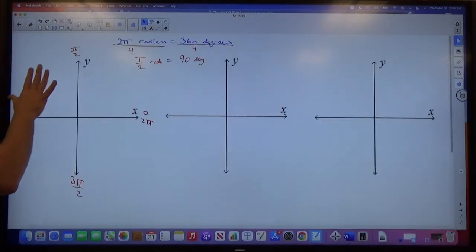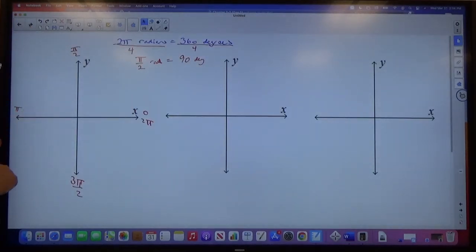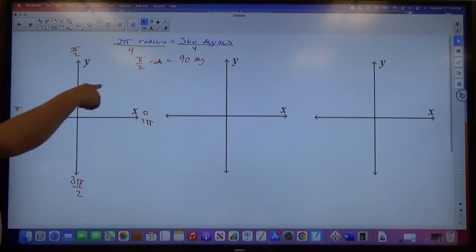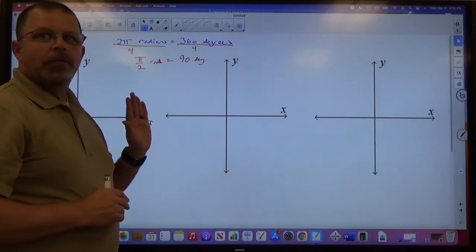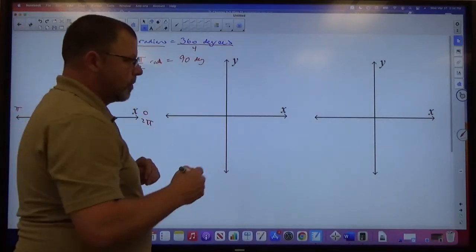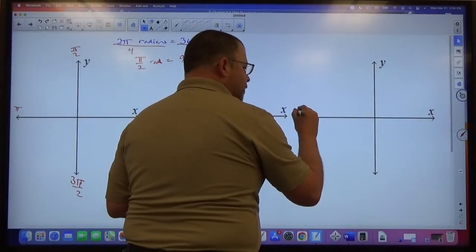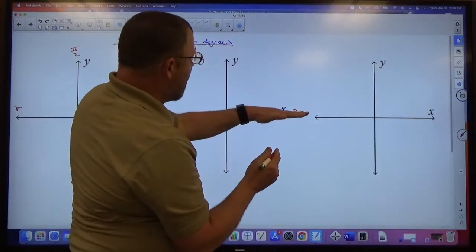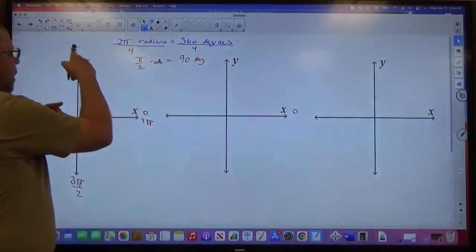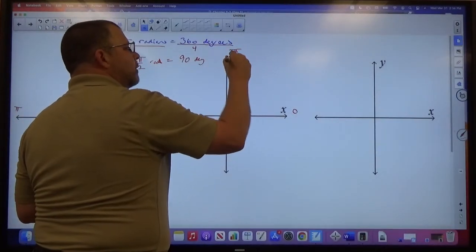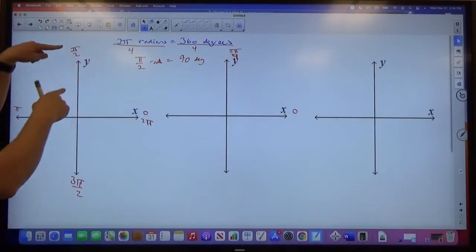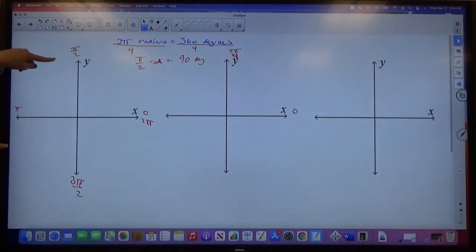So, if I go back here, and I'm going to doctor this one up last. I'm going to go here first. If I go by pi over 4s, okay, this is 0. Pi over 4, this is 2 pi over 4, right? Pi over 2 times 2 makes 2 pi over 4.